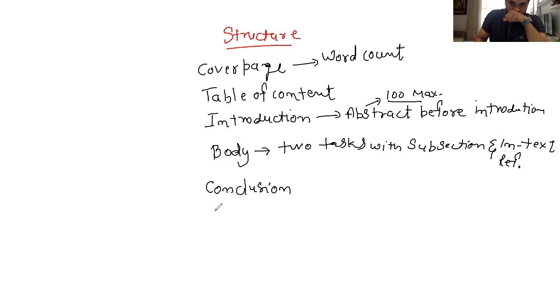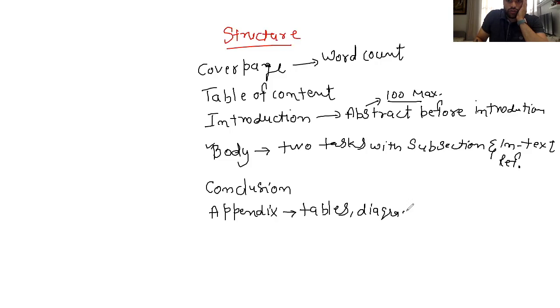After the conclusion, if you want, you can give some appendix. Appendix is mainly for tables. If you don't like to show tables in the body, you show them in your appendix, or any kind of diagram.